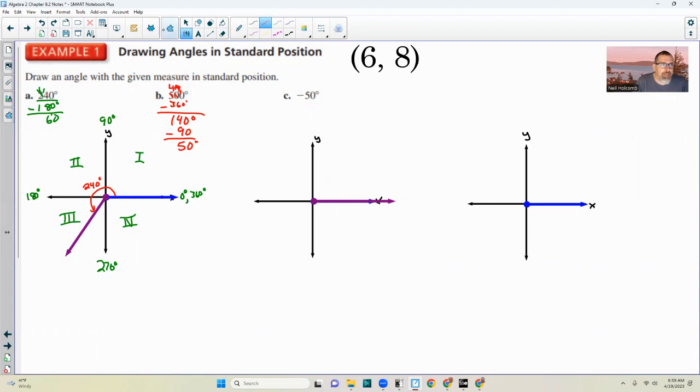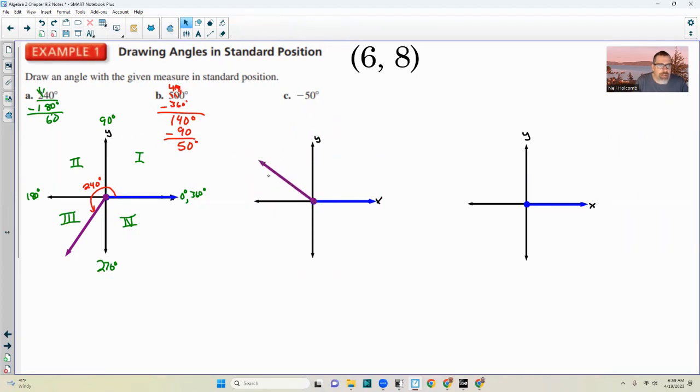So what that means is I went around, here's 90 degrees, 180, 270, 360, plus 90 is 450. And I want to go 50 more degrees. Well, here's 45 and 5 more.